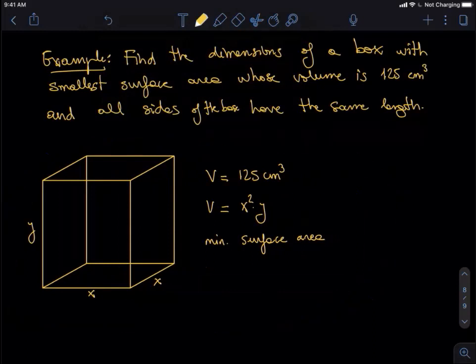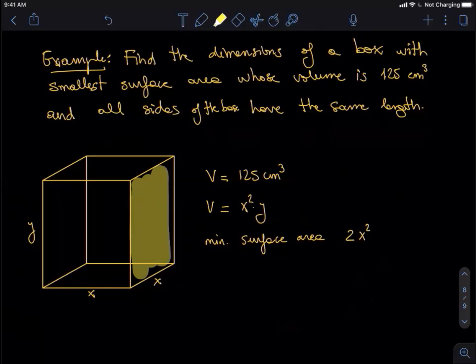Okay, so what is the surface area? So we have the area of the base, which is x times x, and we have the base and the top that have that precise surface area, so we need to account twice for it. And then we have the surface of the sides, the side faces.